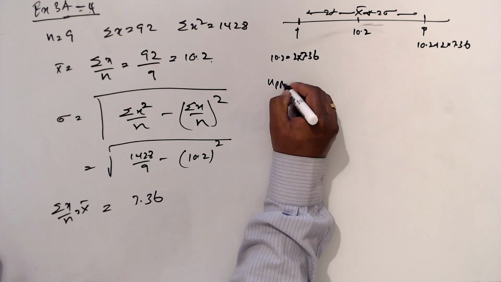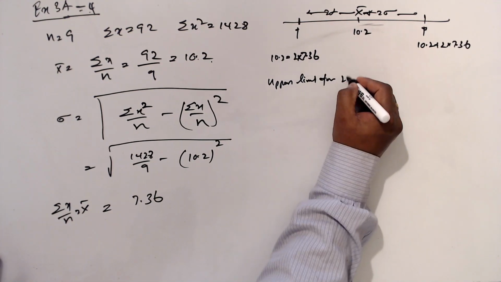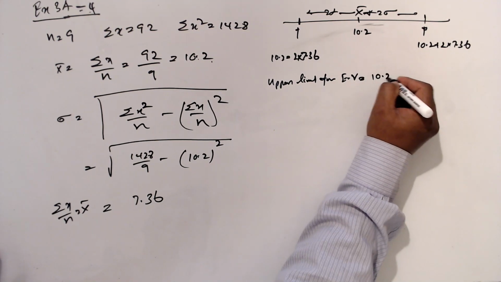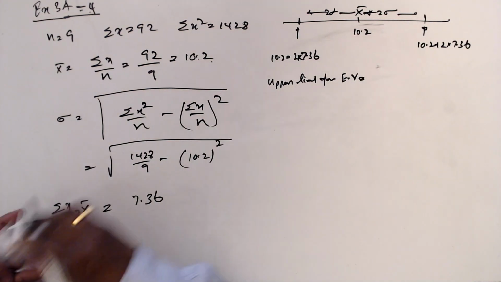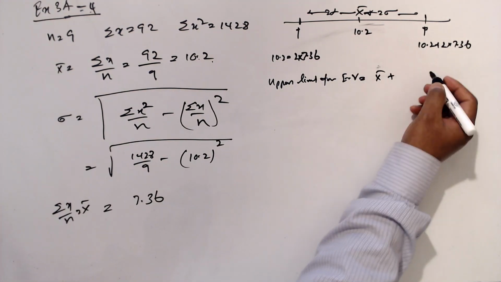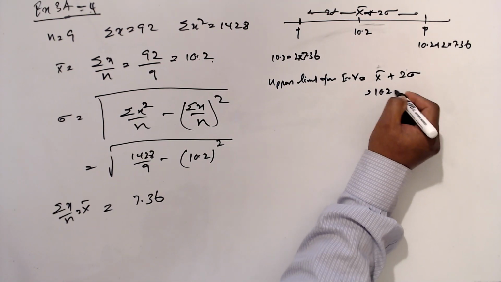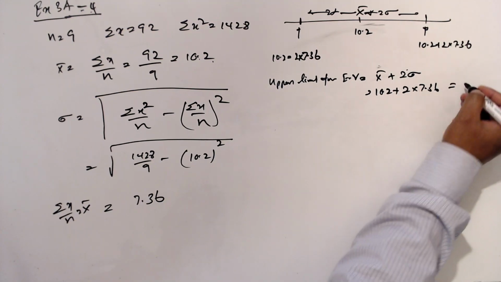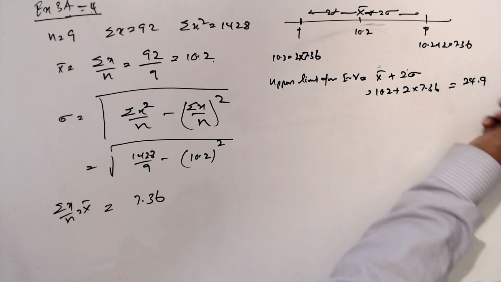So upper limit for extreme values equals x bar plus 2 sigma. So 10.2 plus 2 times 7.36. This is going to be 24.9.